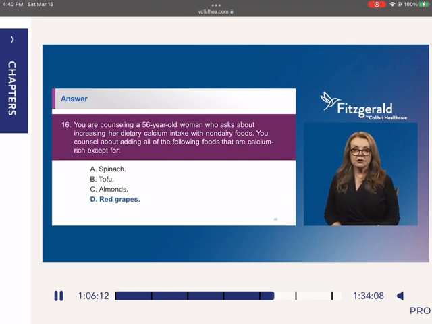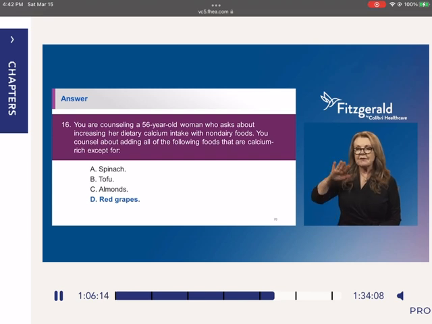The correct answer is D, red grapes. As a general rule, fruits don't have a lot of calcium in them, but almonds, tofu, and spinach all do, as well as many dairy products. But this question specifically asked about non-dairy sources of calcium.